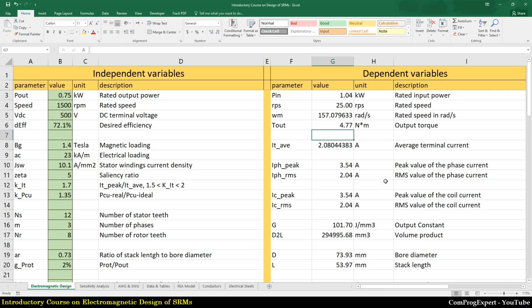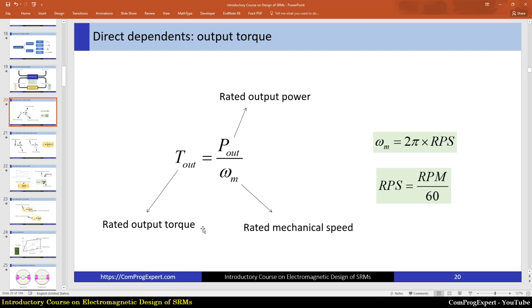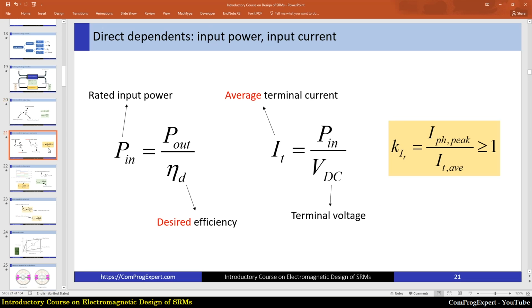So our design, right, should be capable of generating this output torque at the rated current, right? So this is the first calculation, and we calculated the desired value of the output torque.